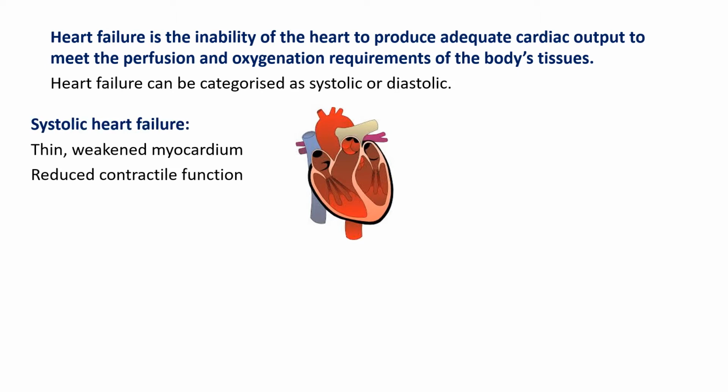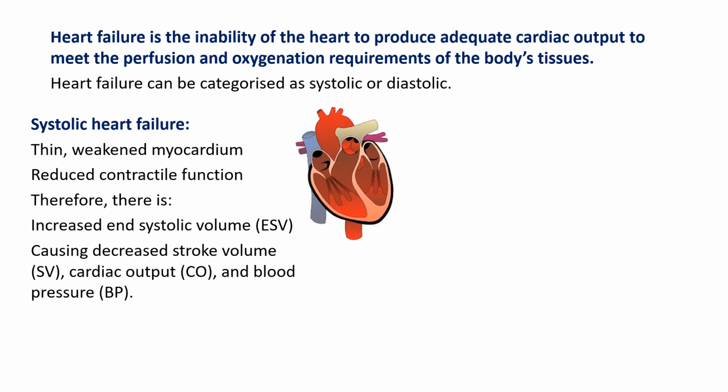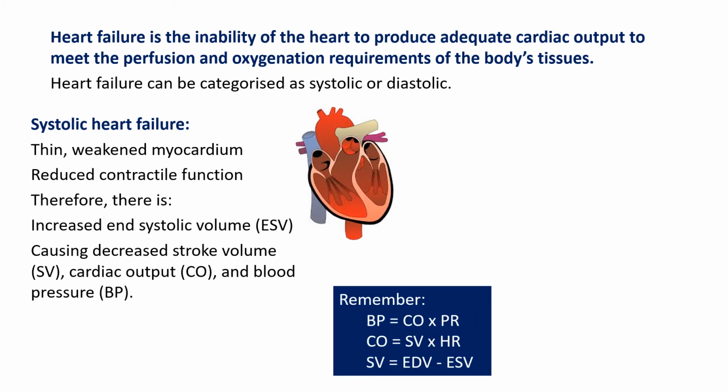In systolic heart failure, what we get is a thin, weakened myocardium. We get reduced contractile function because we don't have that muscle mass. Because of that, we get an increase in end systolic volume.